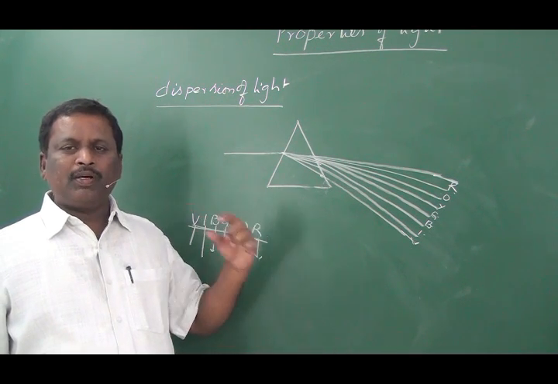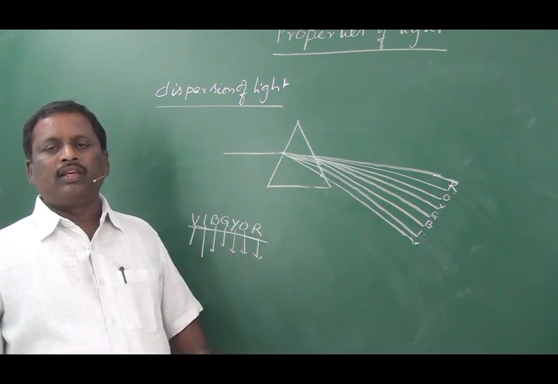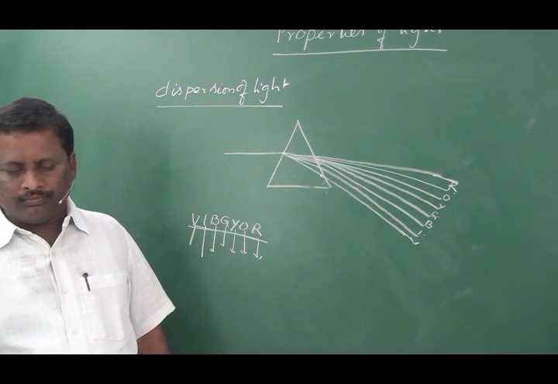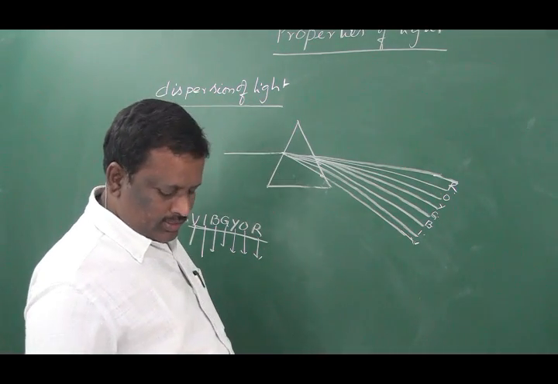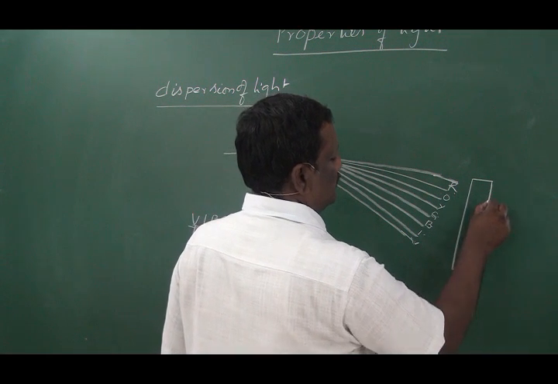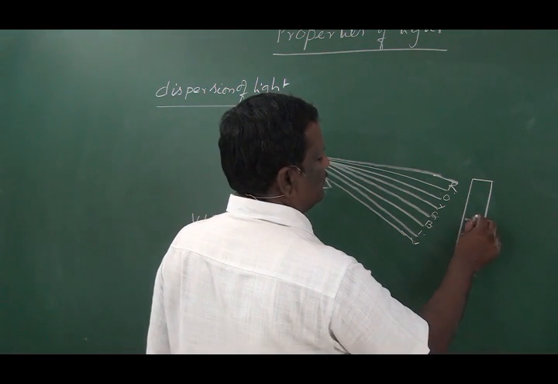So this dispersed light, if you recorded this dispersed light on a photographic plate, you will find some lines on it.